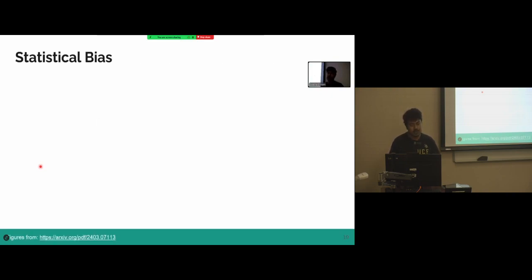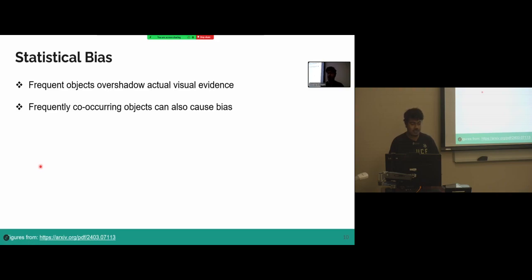Most large visual language models are first pre-trained on datasets like COCO, and these datasets have certain classes that appear much more frequently than other objects. Also, these datasets suffer from frequently co-occurring objects, where certain classes tend to appear together more frequently, in contrast to other objects that do not appear together.